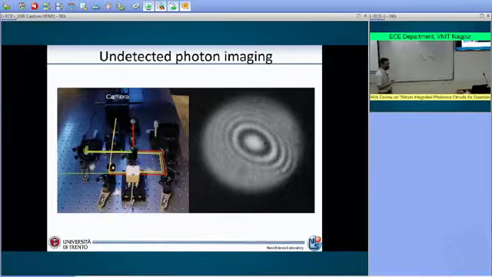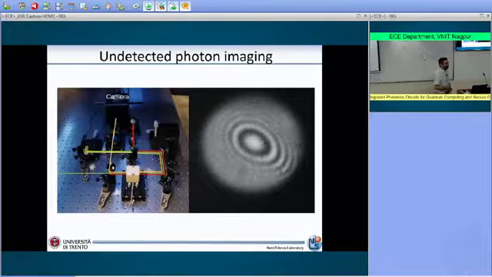So this is an evidence of the properties of entangled photons that you can see on a macroscopic object. Okay? You can imagine the kind of application of this kind of properties. If I'm using entangled light, I can observe, being in this room, something that is happening in the nearby room. Okay? Because I'm not using the light that is interacting with that object.